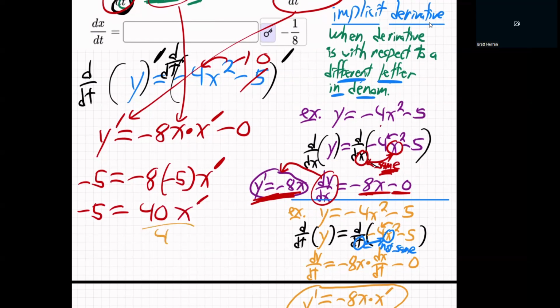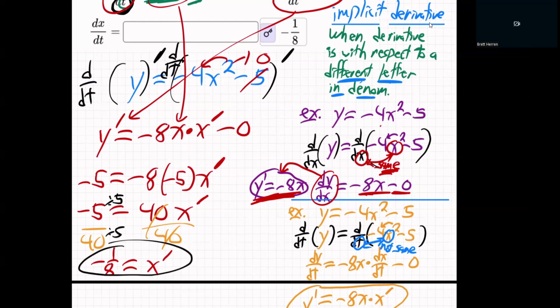Finish solving for x prime, divide by 40. X prime is -5/40. If you reduce that fraction, dividing top and bottom by 5, it's -1/8. Or you can get a decimal, that'd be fine too. And there's the answer, -1/8.